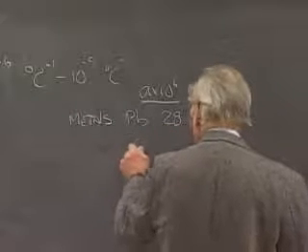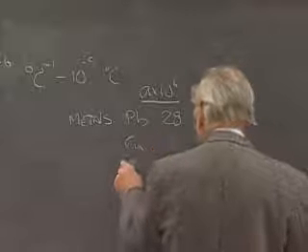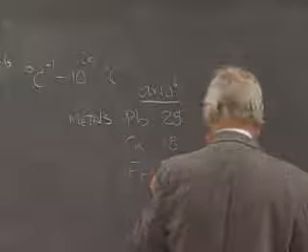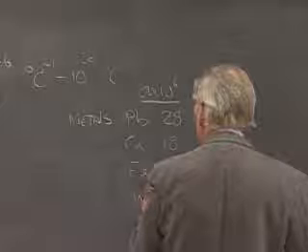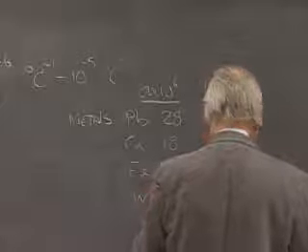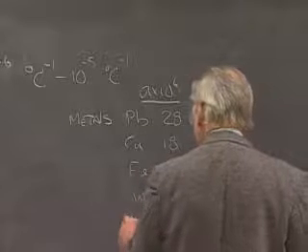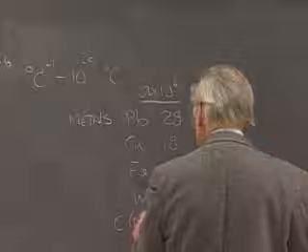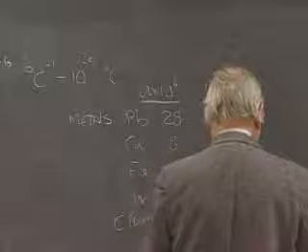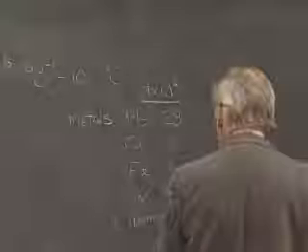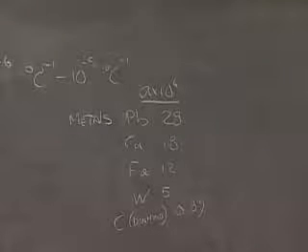For copper, 18. For iron, 12. For tungsten, a very refractory metal, 5. And for diamond, a very strongly bonded material, it's 0.89 times 10 to the minus 6.